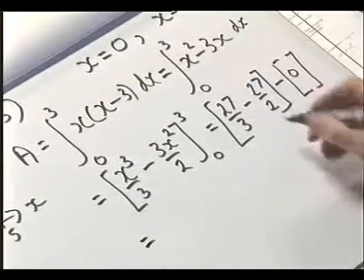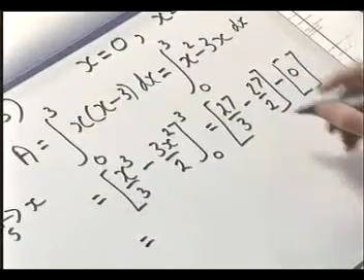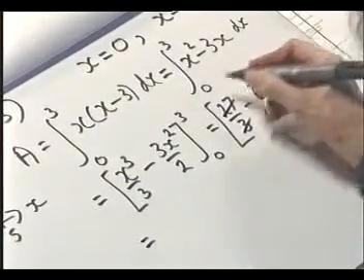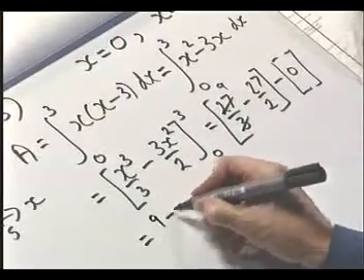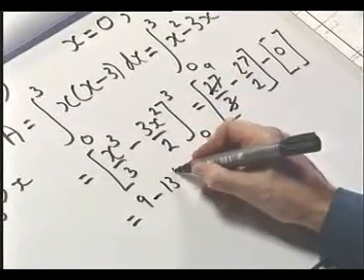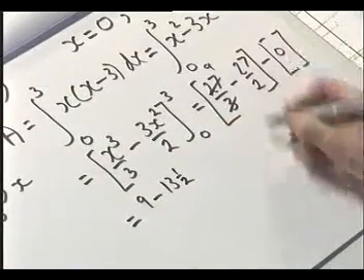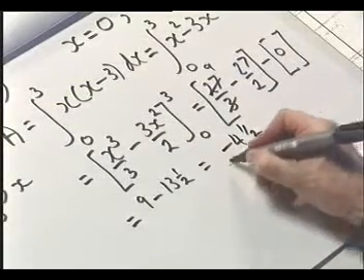Equals, so now we've got 27 over 3 minus 27 over 2. We can cancel by the 3 here. That's 9. So we have 9 minus, and 2's into 27 go 13 and a half. That will simplify to that. And so we have minus 4 and a half.